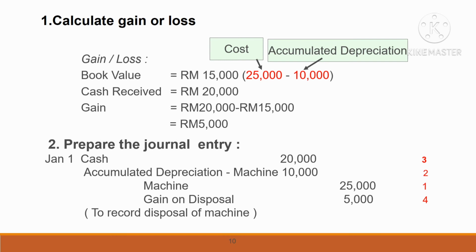So if the missing figure is in the credit side, we call it gain on disposal 5,000. We have to compare the debit amount with the credit amount. The debit amount is 30,000 and the credit side 25,000. So we are short of 5,000. So that one we call gain on disposal. So that is the way to record disposal of the machine.